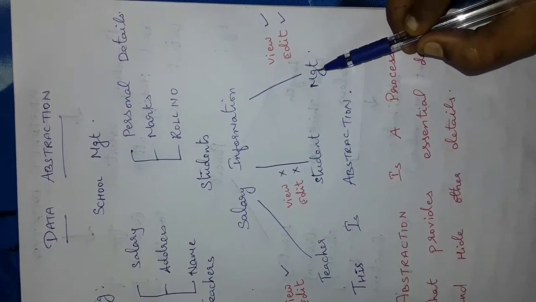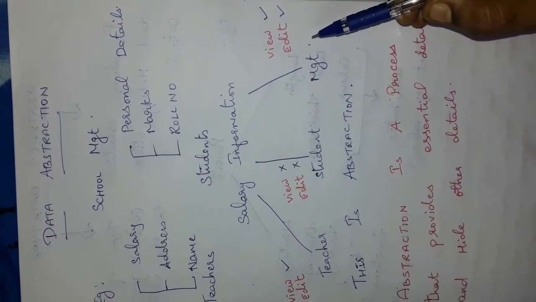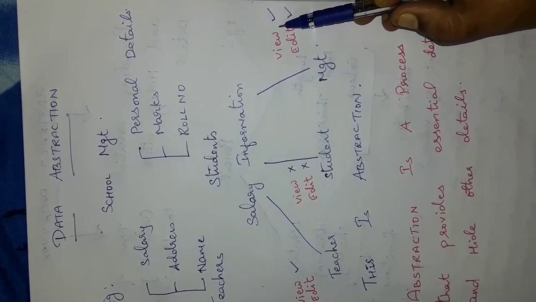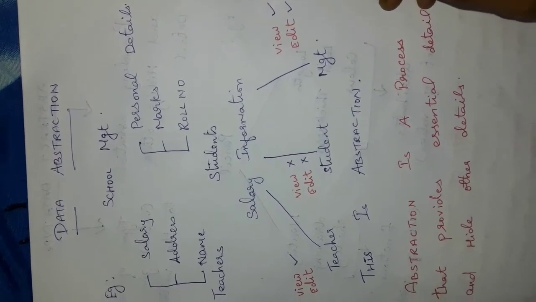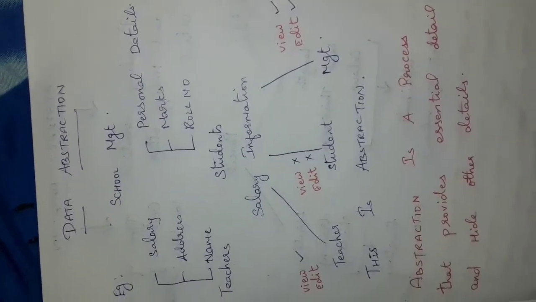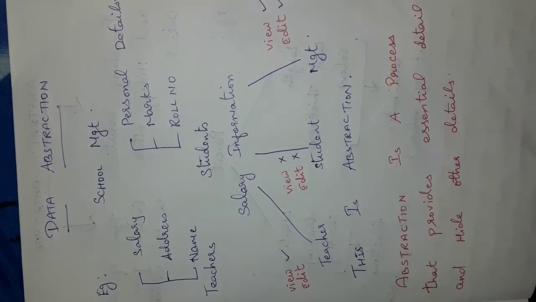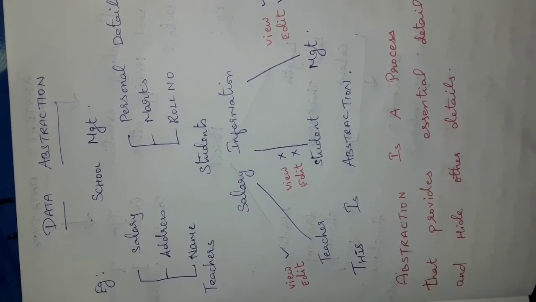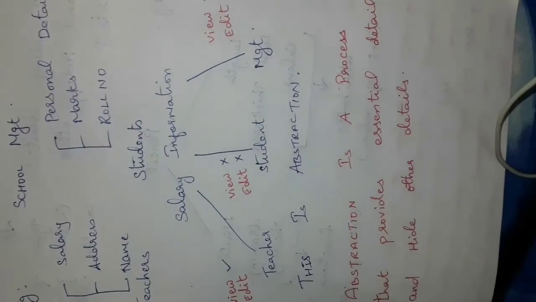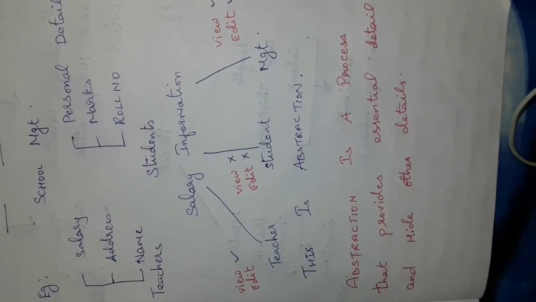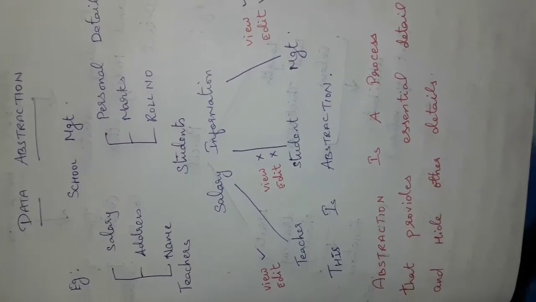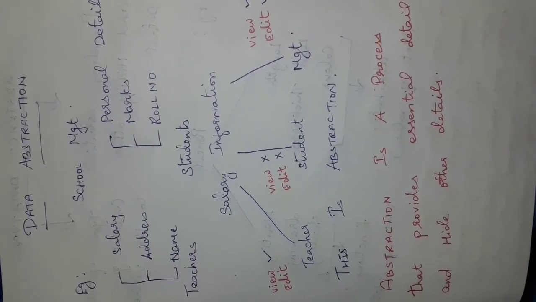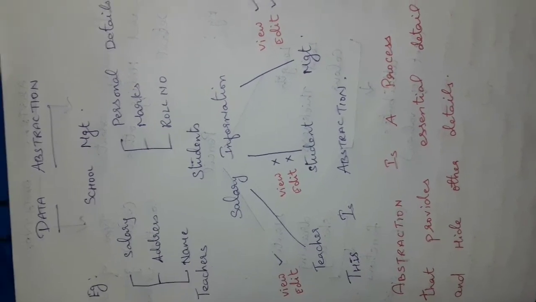The management has the right to edit the salary information and also to view it. Whichever data is essential for a particular person will be displayed, other details will be hidden. This is data abstraction. So abstraction is a process. Its main purpose is to show only the essential details and to hide the other information.